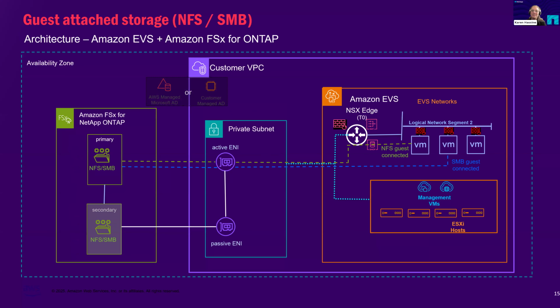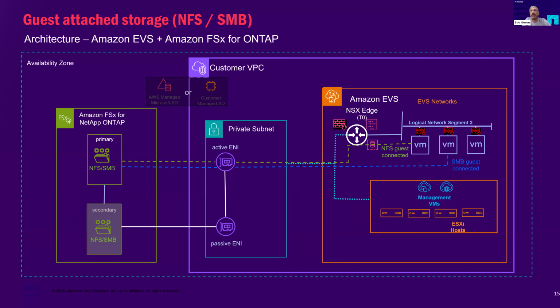And the guest attached? Guest attach is slightly different. To connect VMware into the native AWS network and the outside world, we're using a new component called VPC route servers. VPC route servers are deployed as part of the EVS solution and create a BGP connection between the VMware EVS environment and the outside world, aka the AWS networking.